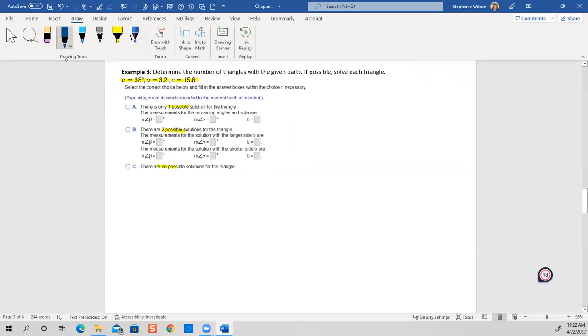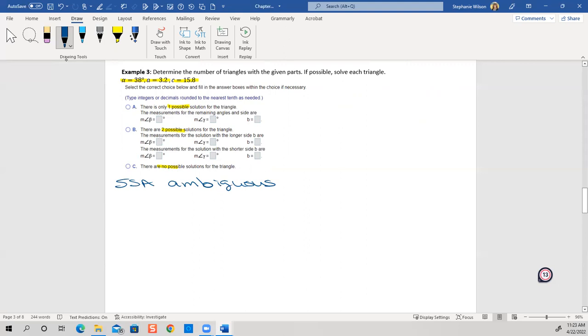And I notice here that I have SSA, right? 2 sides, 1 angle. This is an ambiguous case. There may be 0 or 1 or 2 possibilities. We'll see.